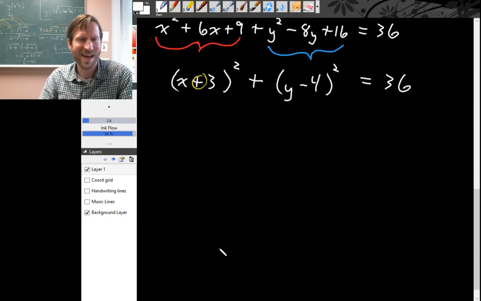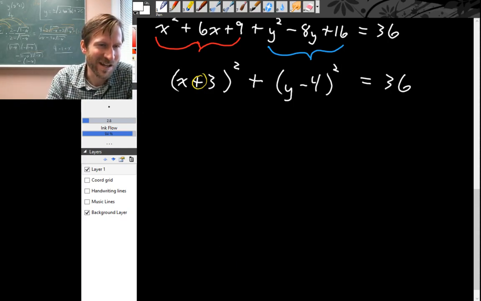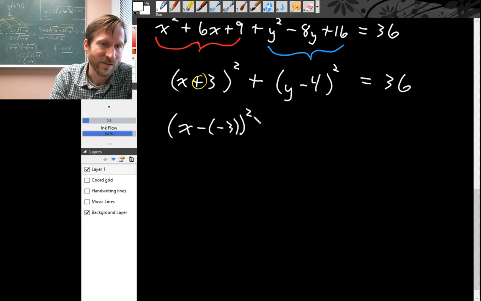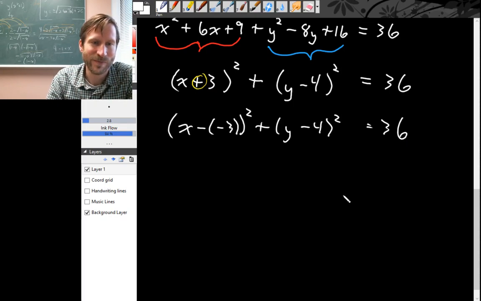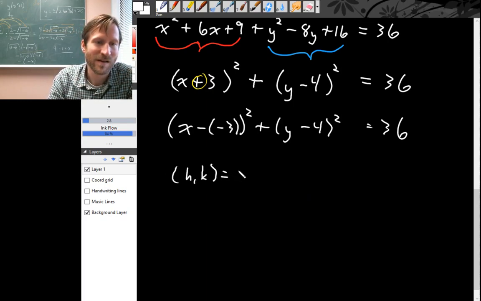But we can fix that because plus 3 is the same thing as minus negative 3. So (x minus negative 3) squared plus (y minus 4) squared equals 36. All right. Now that we have the equation for the circle written this way, we can identify the center of the circle and the radius of the circle.